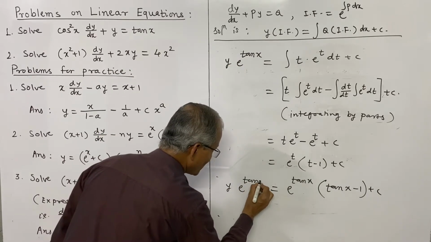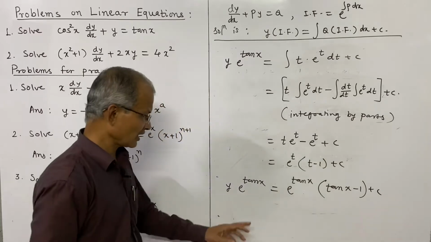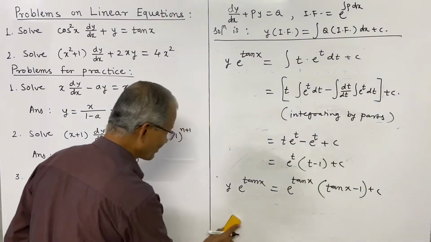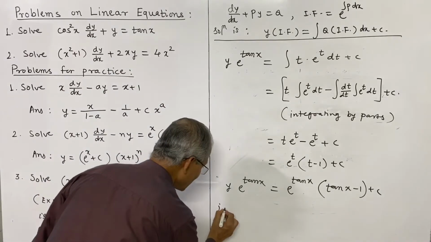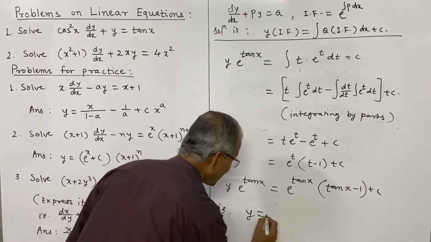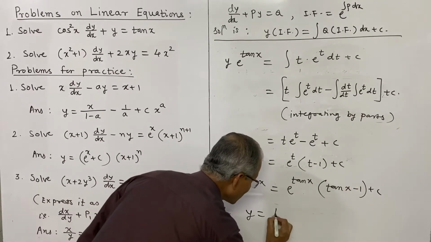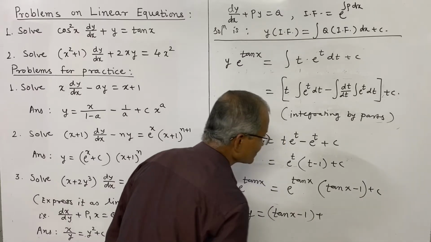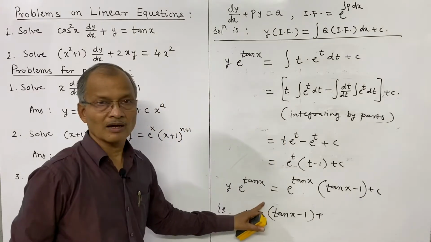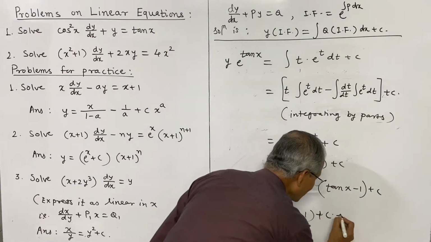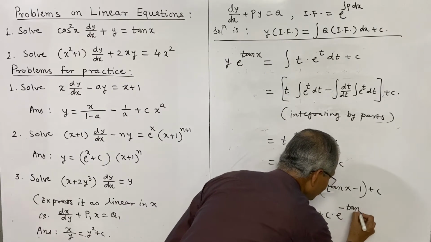Now see, we can divide both sides by e power tan x, or that means we multiply by e power negative tan x, that is y is equal to, you divide it, this term is eliminated, and what remains is tan x minus 1, but this constant c must be divided by e power tan x, or that can be written as c into e power negative tan x.